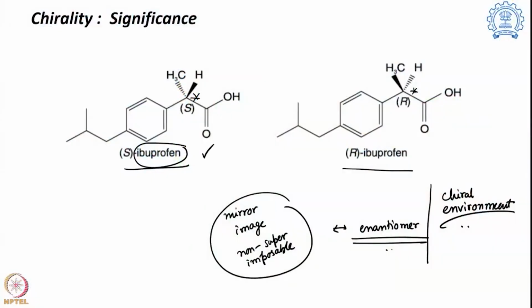So, in a condition where I can induce chirality, they will differentiate between these two enantiomers of ibuprofen, and that exactly happens when we put them in a biological system, say including our body. So, when we consume ibuprofen, these two are recognized differently.